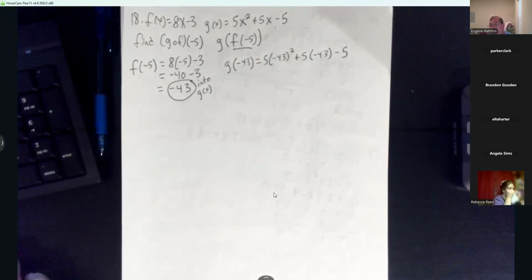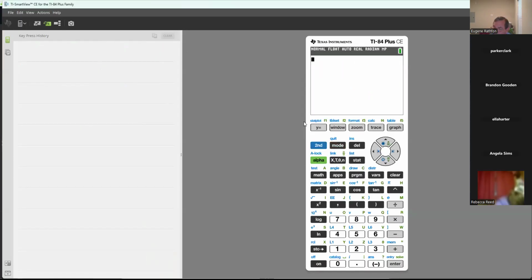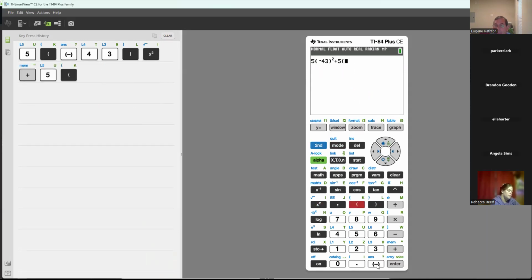All right, so I got a calculator that'll knock that out really quick. So let me share that calculator. I don't want to quit that screen, clear everything off. All right, y'all, so I had 5 times parentheses negative 43, close parentheses and square that, plus 5 times negative 43, close parentheses, and then minus 5.